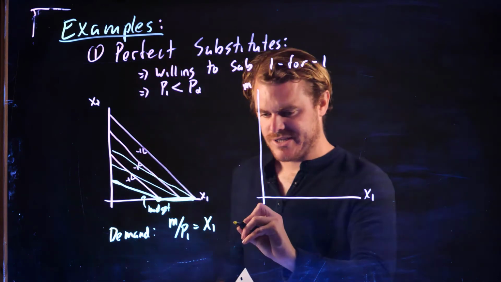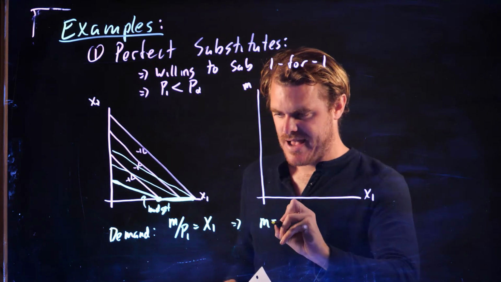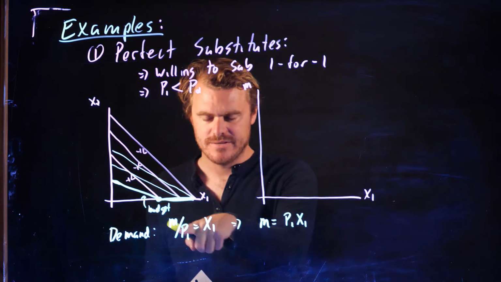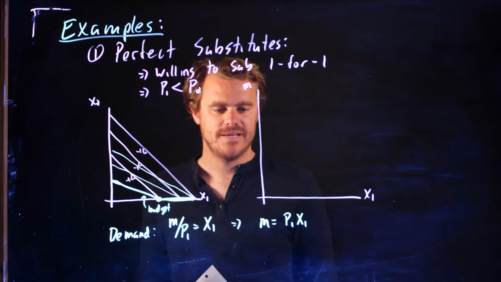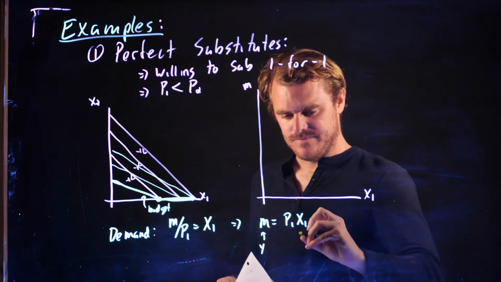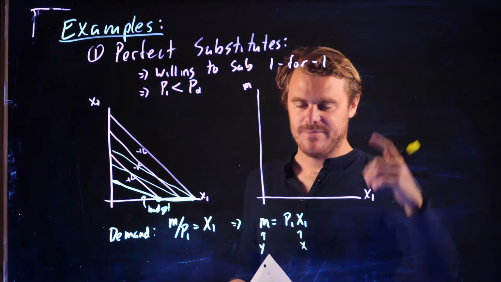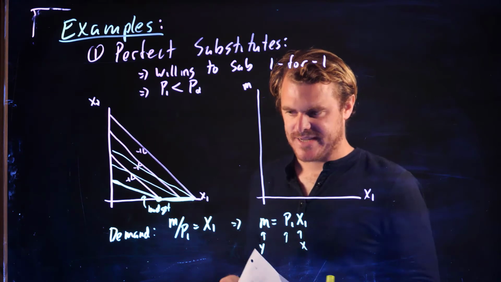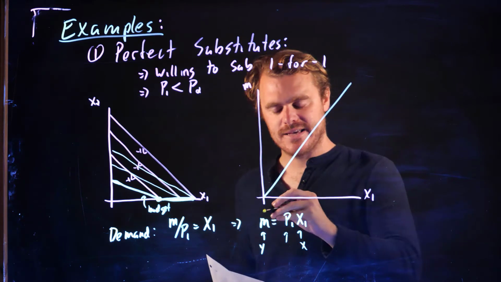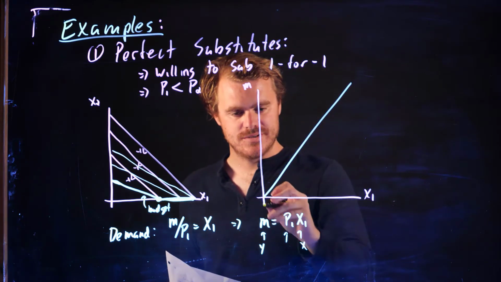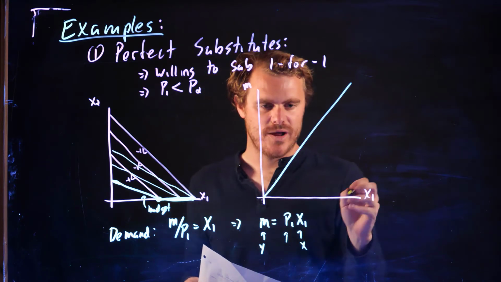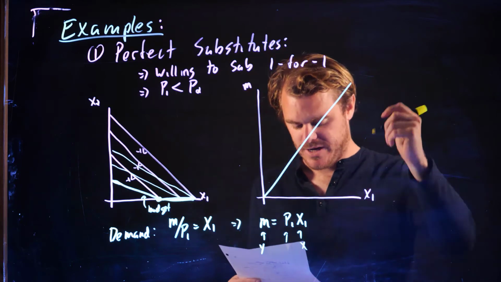If we wanted to draw this out, M equals P1 times X1, just rearranging this demand function. You can think of M as our Y variable and X1 as our X variable, if we're thinking about the equation of a line, and this P1 is like our slope. So our Engel curve comes out of the origin. If our income was 0, then the amount of good 1 we'd have is 0, assuming positive prices.